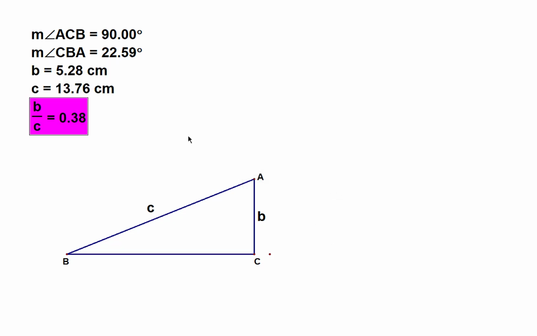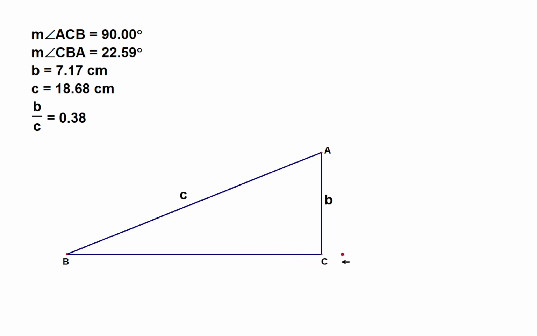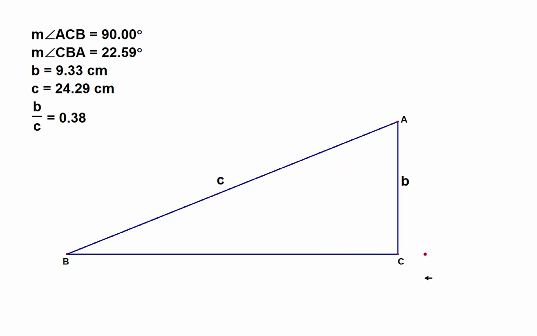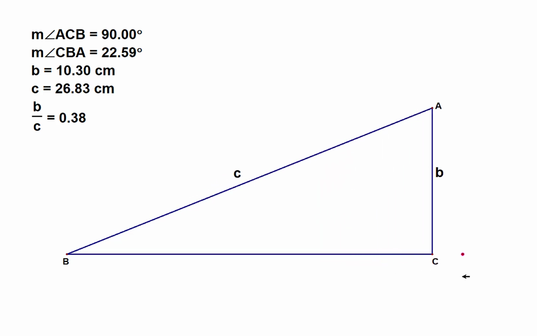It turns out to be 0.38 approximately. Now if we change this triangle to various similar triangles, the angle is the same and the ratio is the same, right?